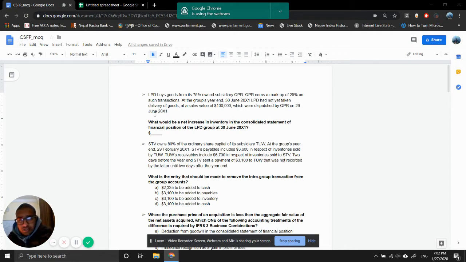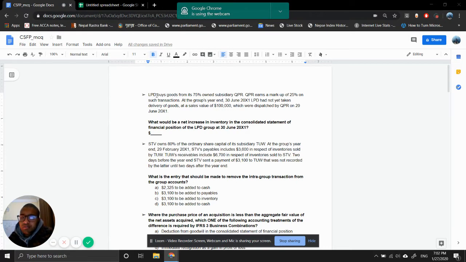Okay, so LPD buys goods from its 75% owned subsidiary QPR. So subsidiary is QPR, owning structure is 75%. QPR earns a markup of 25% on such transactions. At the year end, 30th June 20x1, LPD had not yet taken the delivery of goods at a sales value of 100,000.